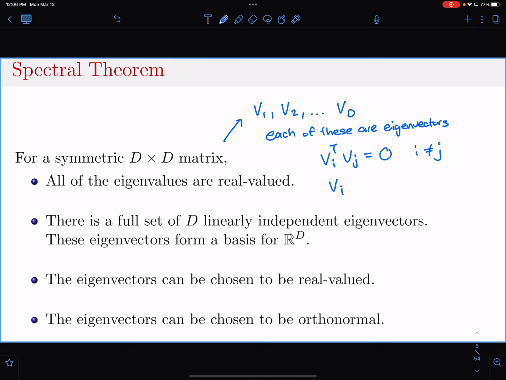And vi transpose vi equals 1. So what that means is you can stack all of these into one single matrix. If we call this the V matrix, V1, V2, through Vd, what is V transpose V going to equal, if we know that the V vectors have these properties?